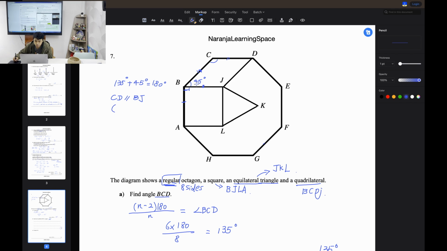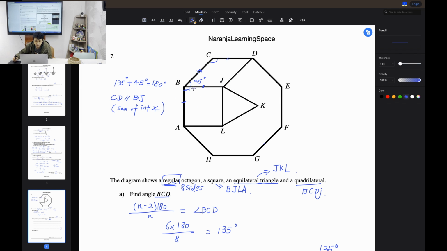This is because of the sum of interior angles of parallel lines.